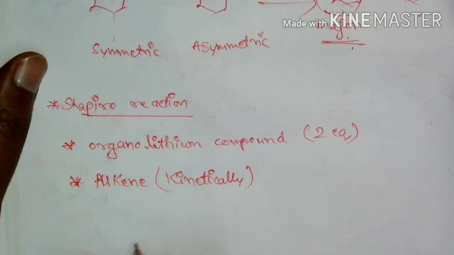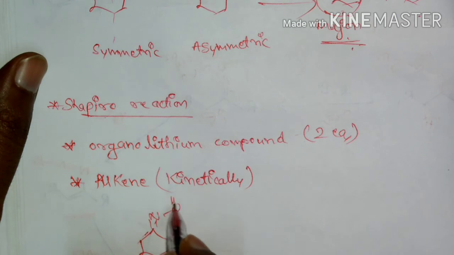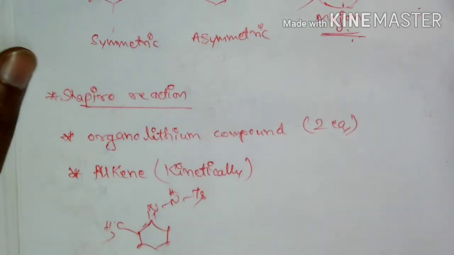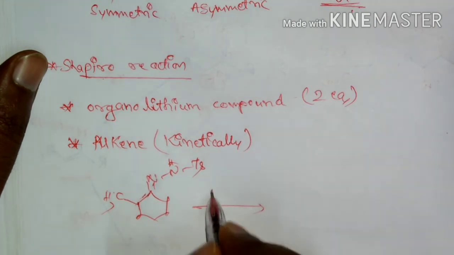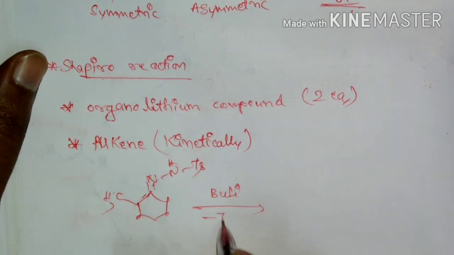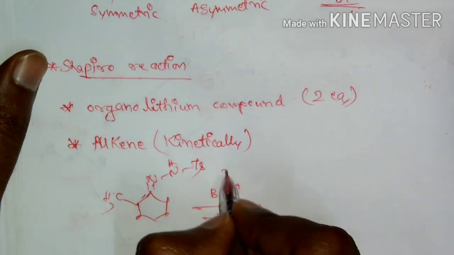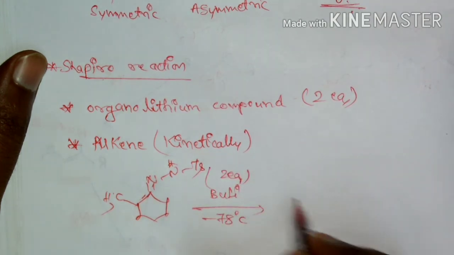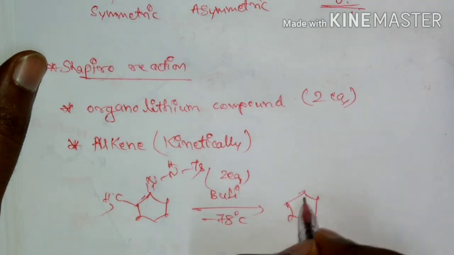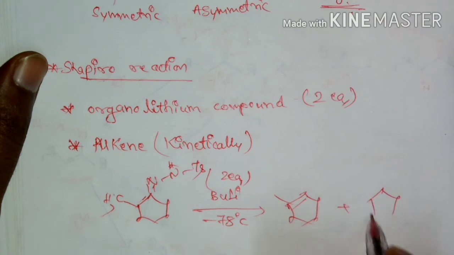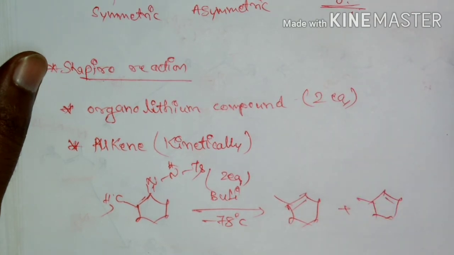Means if you take an asymmetric tosyl hydrazone, like this tosyl hydrazone, and it is treated with butyl lithium at minus 78 degrees, 2 equivalents, then there is a possibility of getting these two products.